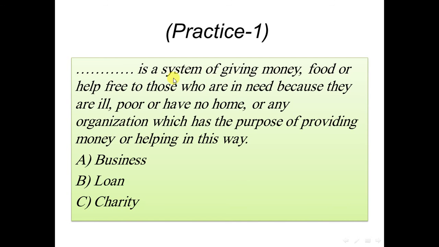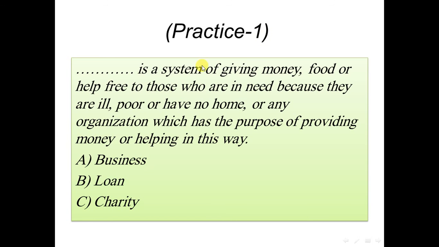So it's a system of giving money, food, or help free to those who are in need because they are ill. These people are poor. These people have no home. And this organization gives them money and food in order to continue their life.